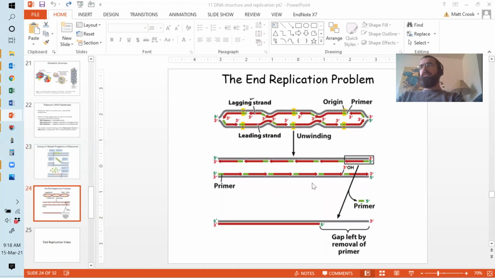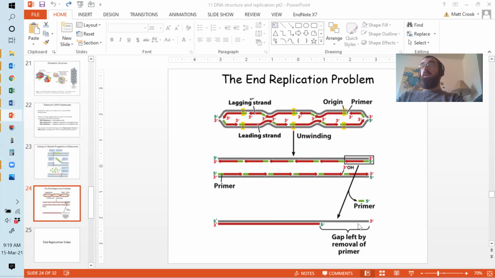Okay, so there's a couple of things going on here. One, we need a buffer at the end of each chromosome, or both ends actually, so that that shortening doesn't chew into functional genes. Because you can imagine if this primer that was removed is part of, I don't know, the regulatory sequence of a gene, and it's removed, now that gene will not get turned on.